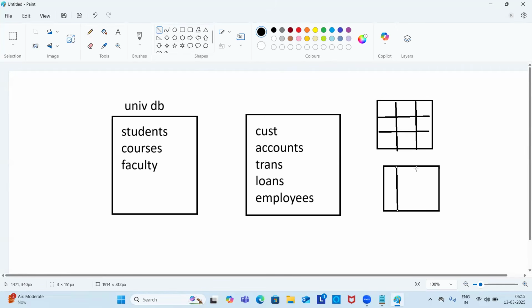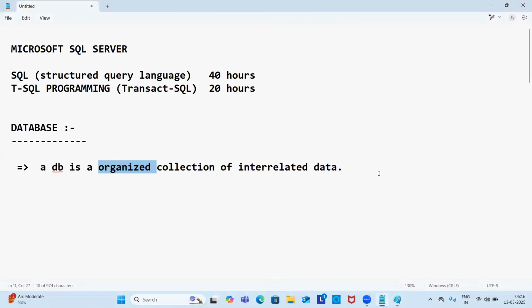So what are the advantages? You want customers data, just go to the customers table and access the data. You want loans data, just go to the loans table and access the data. So accessing is easy. In libraries, the books are kept in separate racks; in a database, data is stored in separate tables.